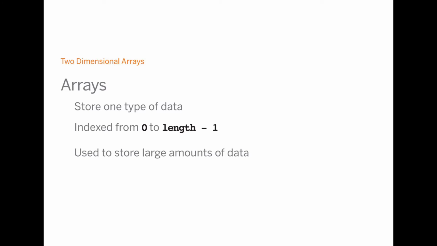So first of all, if we just remember what arrays are, they store one type of data. They're indexed from 0 to length minus 1, and they're used to store large amounts of data.